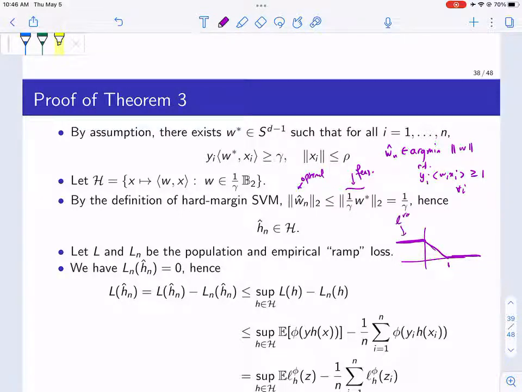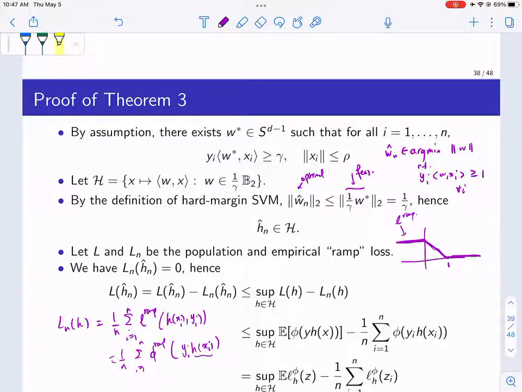So L ramp applied to h. This Ln of h would be basically 1 over n, summation i from 1 to n, of L ramp of h xi and yi, which is just 1 over n phi ramp of yi h xi.